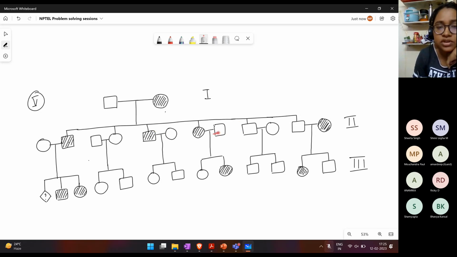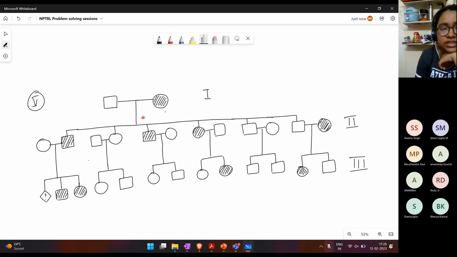So 50% of the children are affected, and the mother is passing on the gene to both male and female. So till now, I am thinking that it is an autosomal disorder. Since the gene is present in the autosome, it can be passed to both sons and daughters, and 50% of them are affected.